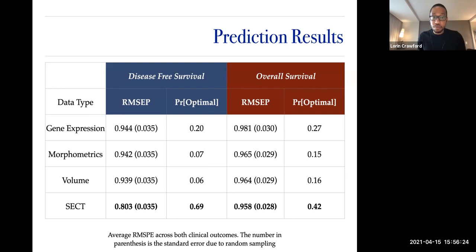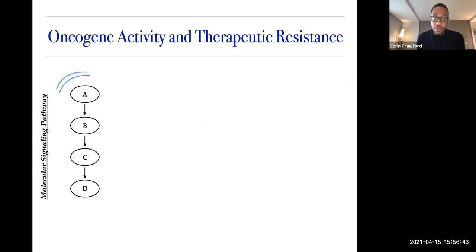So this helped me start to think that there might be a nice connection between morphological signatures and signatures happening on a genomic scale. Prediction's nice, but maybe it'd be cool if we did interpretability here, interpretation would be better, right? And so this got me thinking about oncogene activity and therapeutic resistance, in the context of how these things might manifest themselves in terms of signatures and shape.